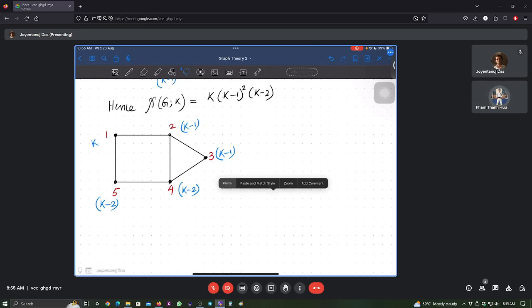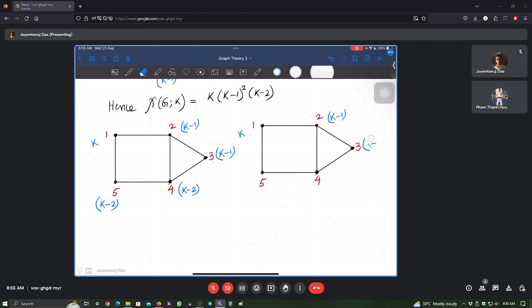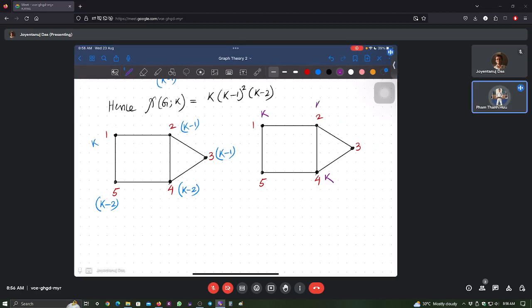So suppose vertex 1 has k choices and vertex 4 also has k choices. Now vertices 2 and 5 each have k minus one choices. I think we should do 1, 2, 4, 5, and the last is 3. Now 3 must be different from 2 and 4, so that is k minus 2, right?